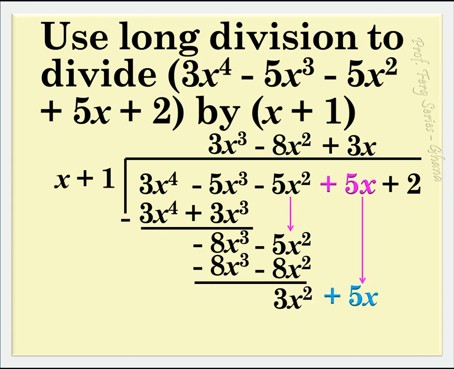Now, let us bring down the next term, which is plus 5x. Multiply the divisor, x, by plus 3x, to get plus 3x^2.